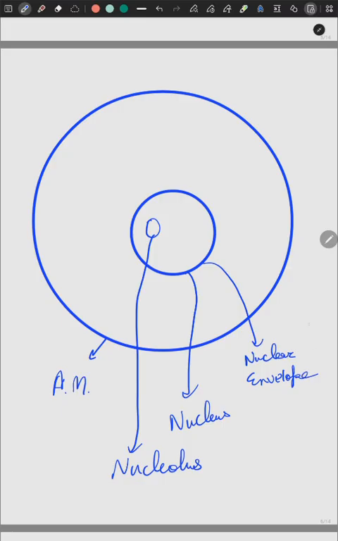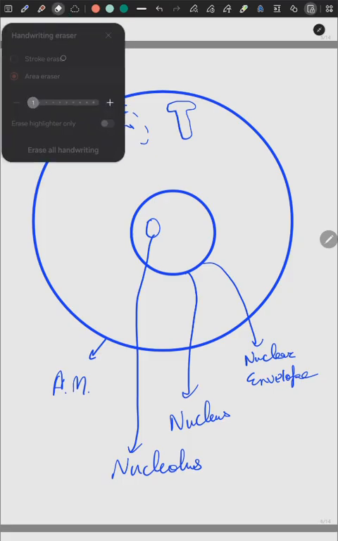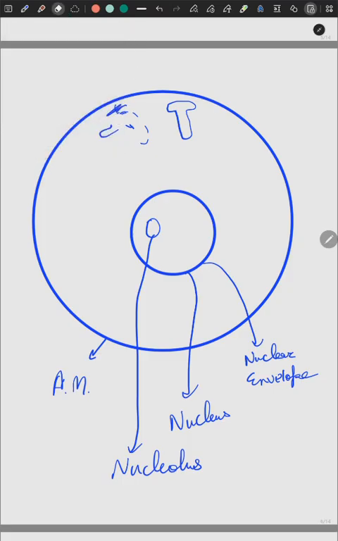And there are a few more structures, for example, this one. These are known as centrosomes.